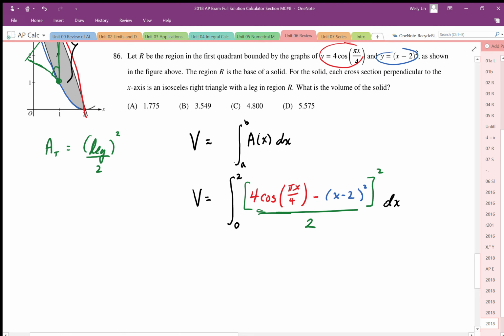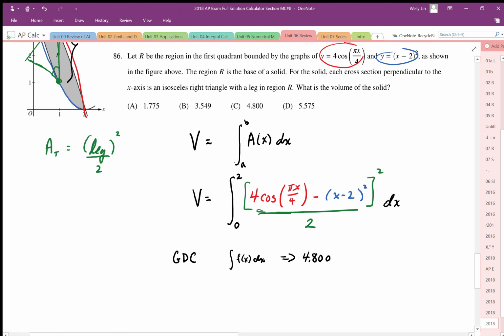We use our graphing calculator. We go to our graphic display calculator, and we're going to evaluate this using the integral function, or area function, on your calculator. If I do this on the calculator, I end up with 4.800.